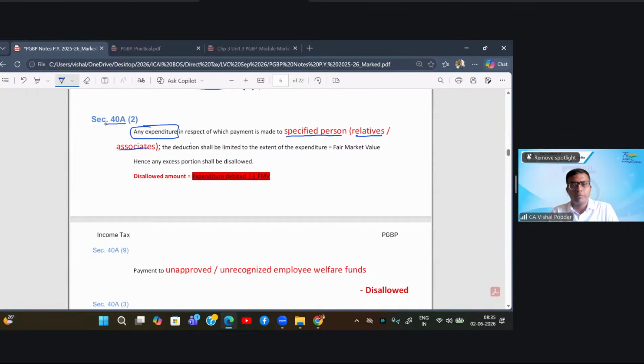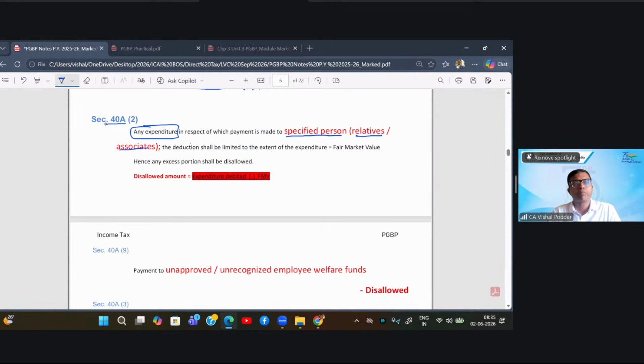You are running a factory. The raw material that you are purchasing is from your brother's shop. Second, the salary which you are paying, out of all the employees, there are two employees. One is your sister, one is your wife.